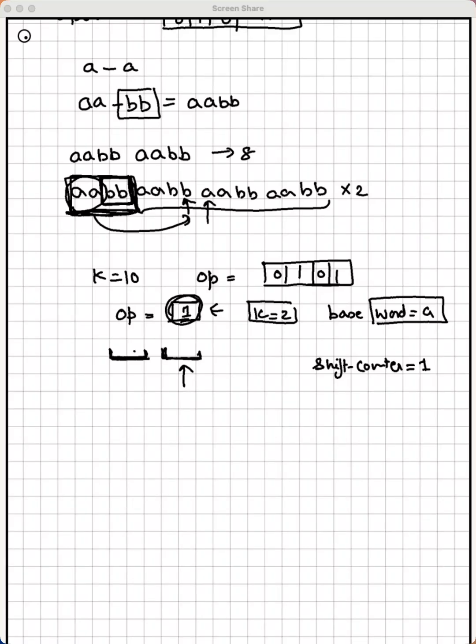Now I have k equal to 2. I have processed this particular element, and now I am ready to go look backwards at the state which created this state. So what was the state that would have created this state? I'm ready to look at this state now after processing the right state.